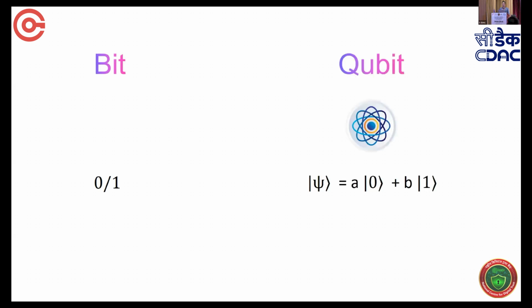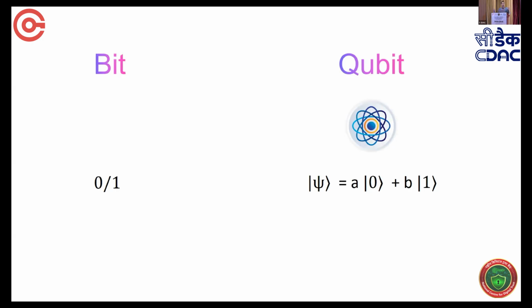We already know that bits are binary digits which can exist in either 0 or 1. Now, if I talk about qubits, which are quantum bits, they can exist in a superposition of 0 and 1. We write this as ket psi equals A ket 0 plus B ket 1.